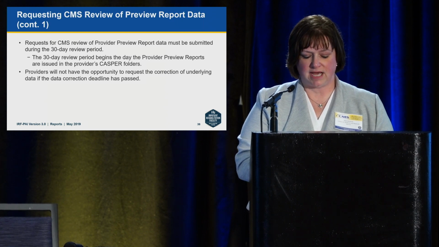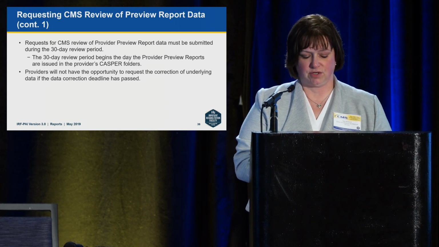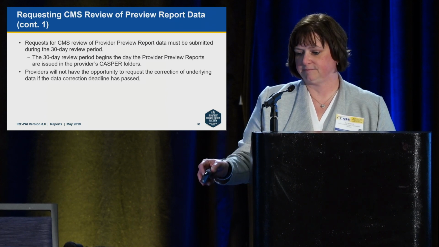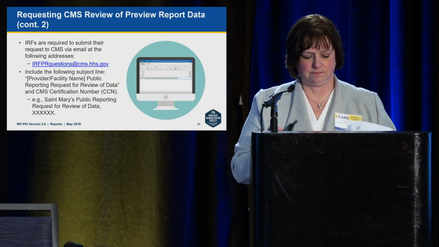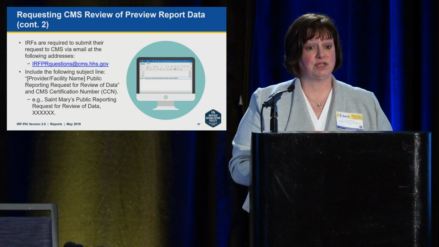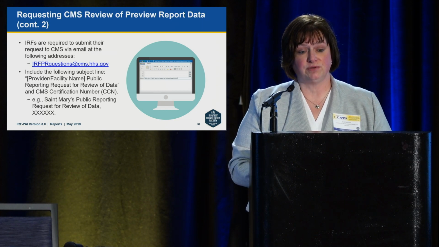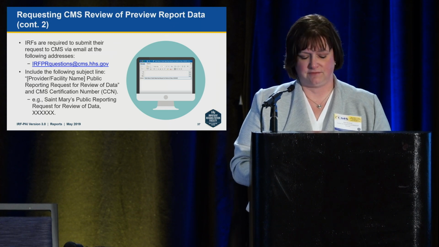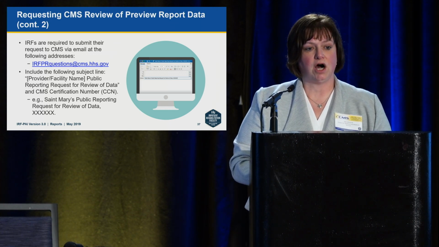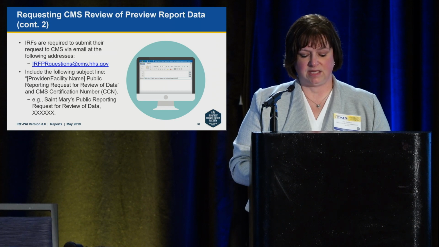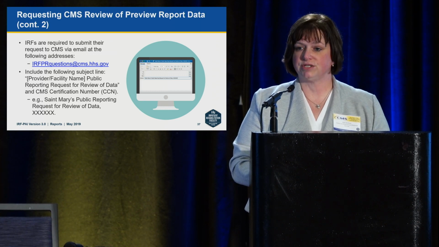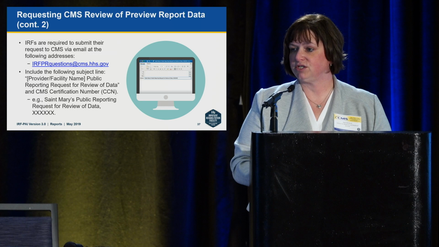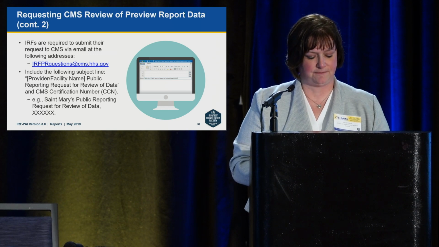As a reminder, you will not have the opportunity to request a correction of the underlying data if the data correction deadline has passed. So there are specific procedures that must be followed when you are requesting a CMS review of the data of your report. All requests must be emailed to the IRF PR questions at cms.hhs.gov email address.